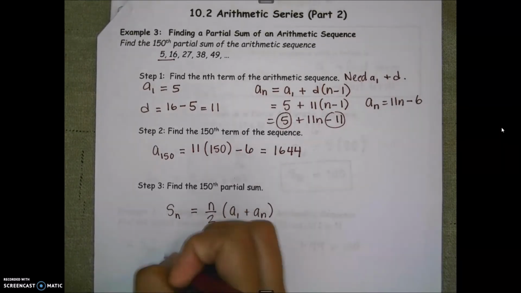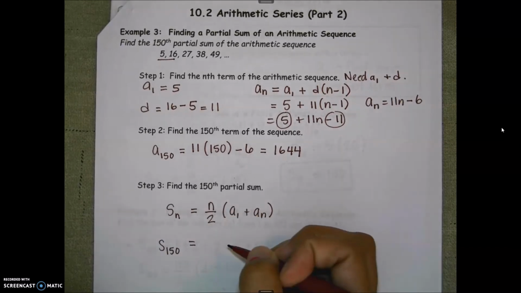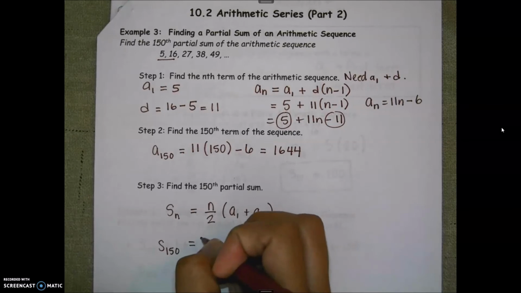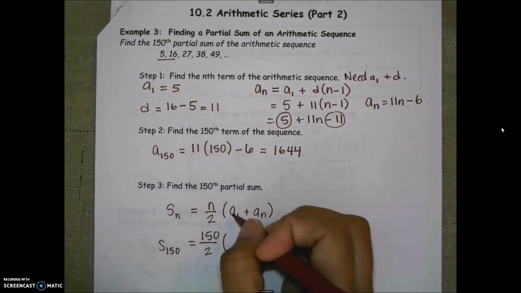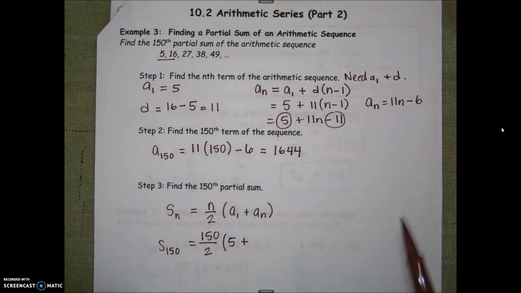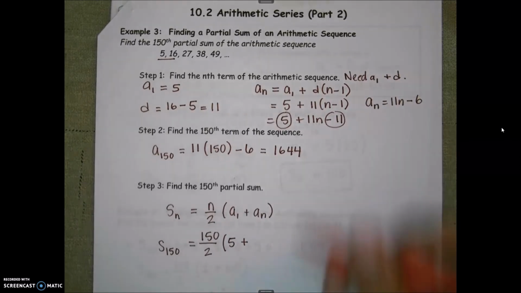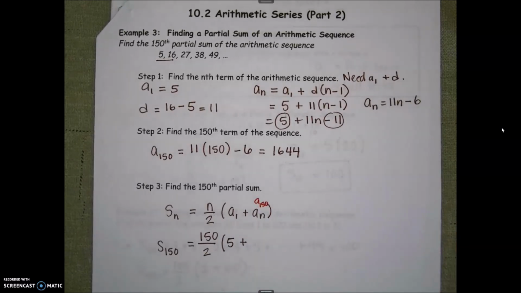And in this case, we want to find the sum of 150 terms of the sequence. So substituting 150 divided by 2 times a1, which we know from the information that's given is 5, plus the 150th term, which is what we did in step 2, is 1644.